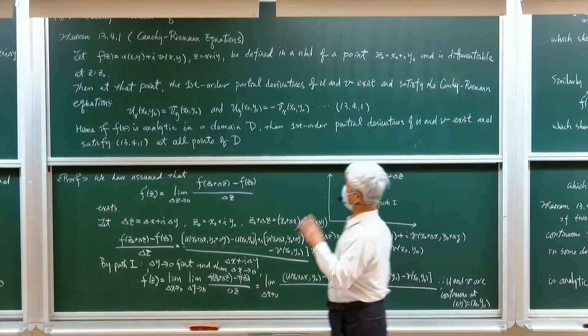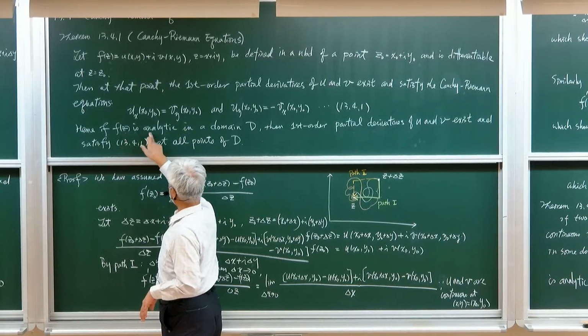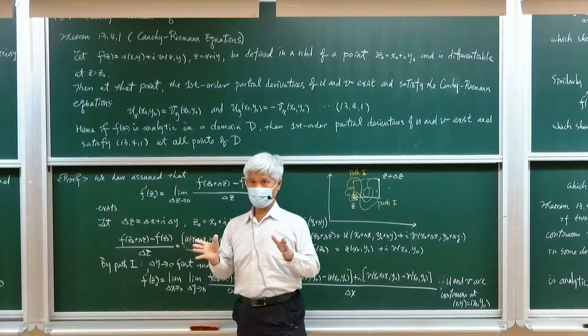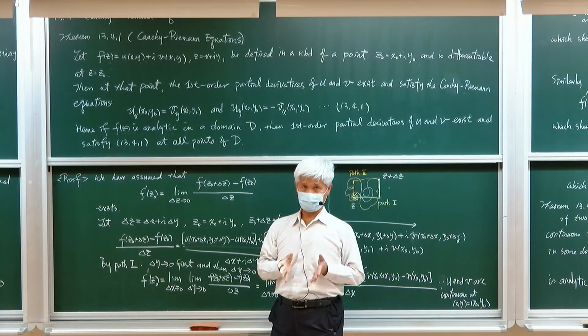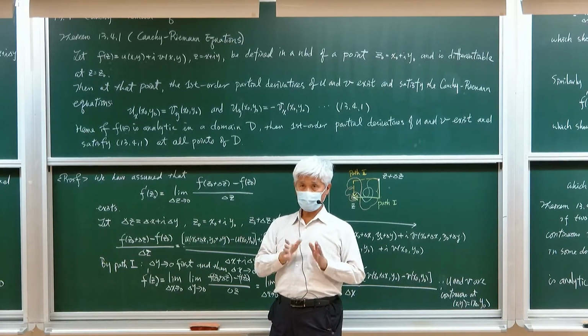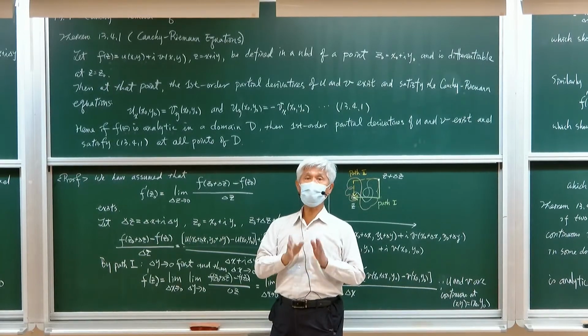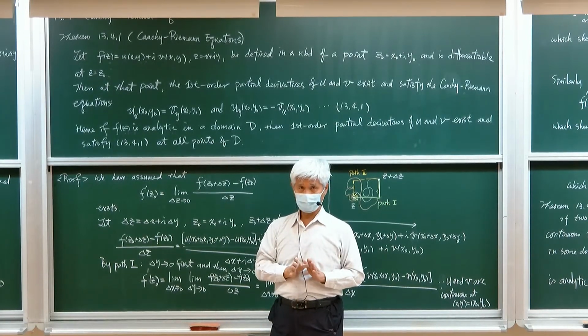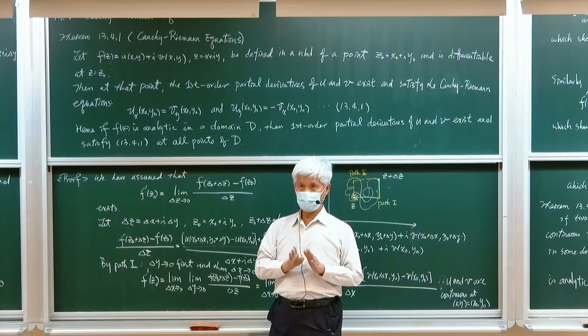So this is our main job. If f(z) is analytic in a domain, of course it has derivative f prime z, and in the next chapter, we will show its derivative is also analytic in the same domain D. So it has a second derivative.